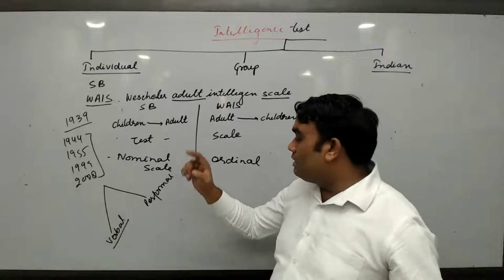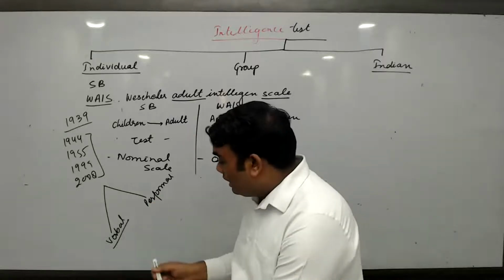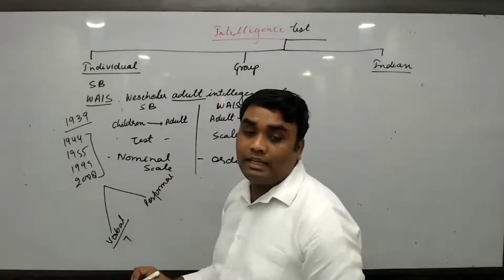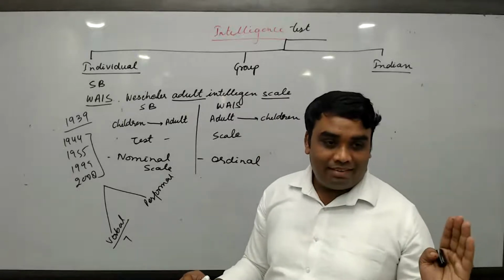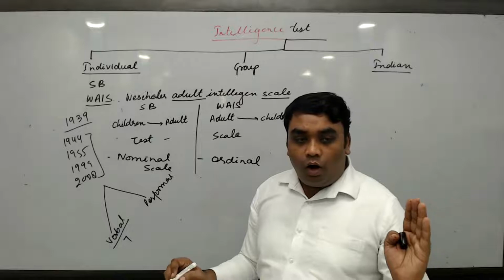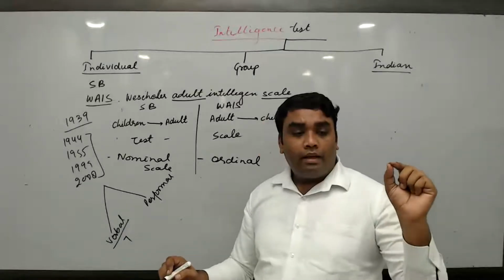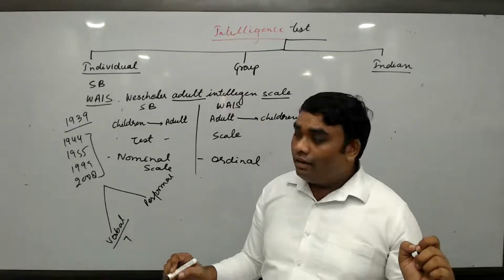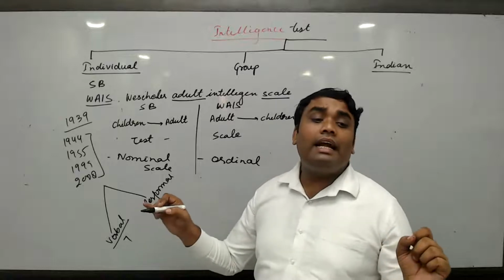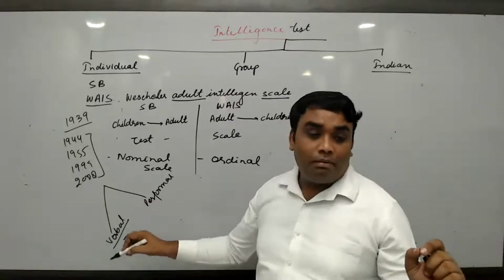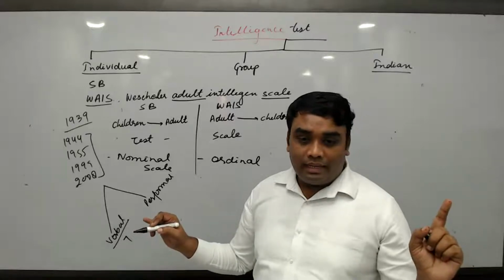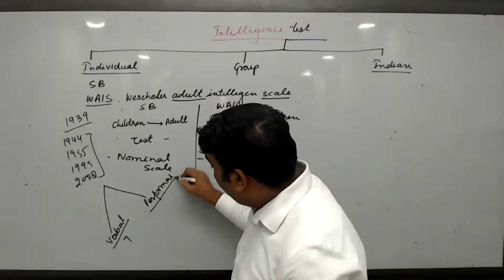Initially, when Wechsler introduced this test, there were seven verbal tests. On the basis of those seven verbal tests, Wechsler checks an individual's verbal ability.